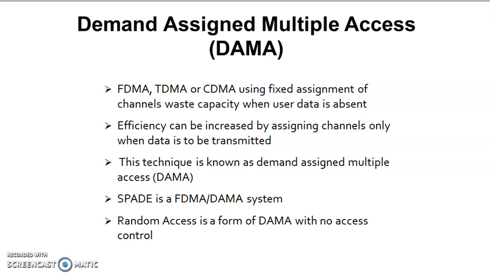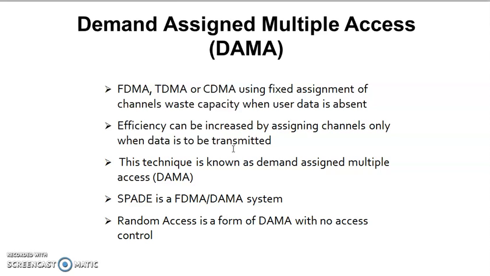In demand assignment, efficiency can be increased by assigning the channel only when the data is to be transmitted. Otherwise, capacity is wasted because of the spectrum available for the transmission.